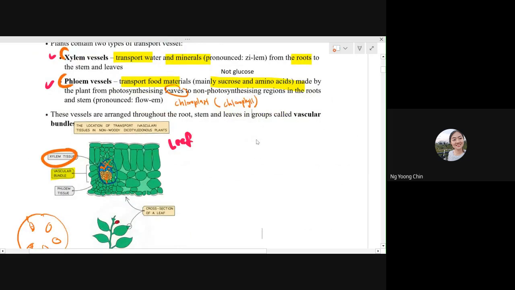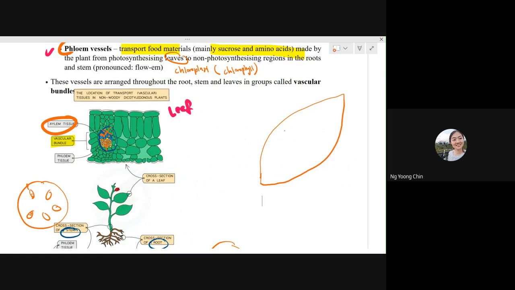During the exam, they might give you a question like this. They will give you a leaf. For this leaf, maybe only certain parts are green.